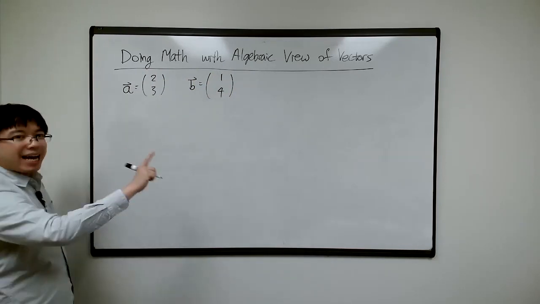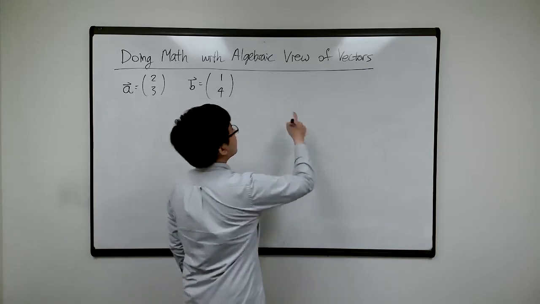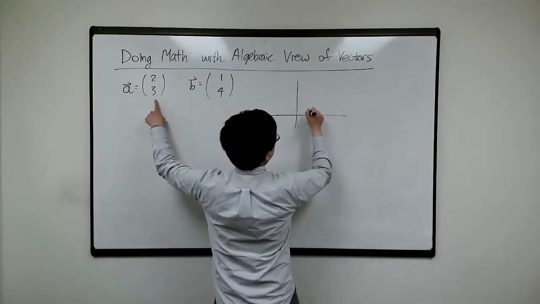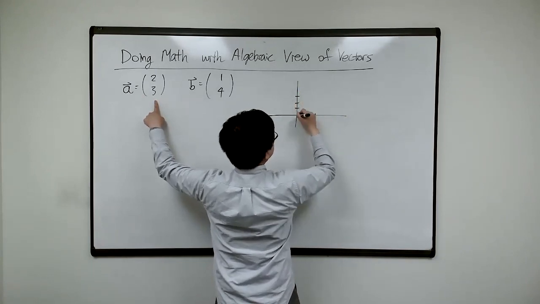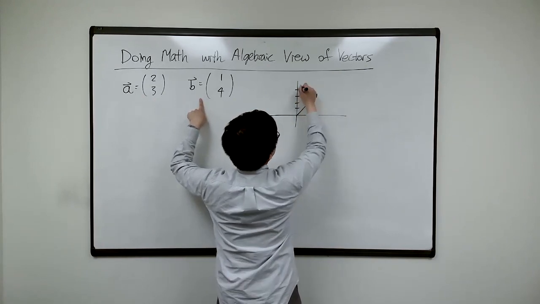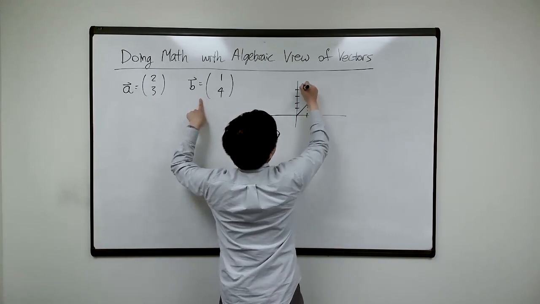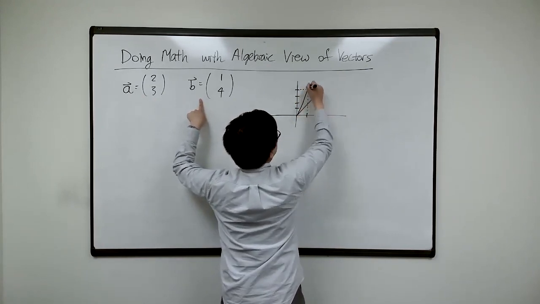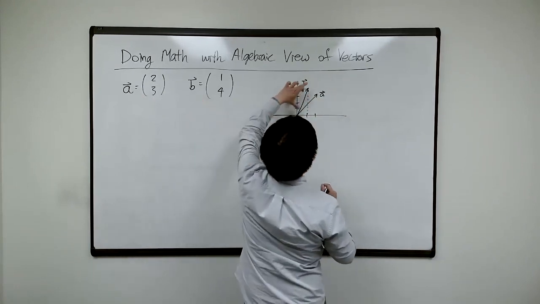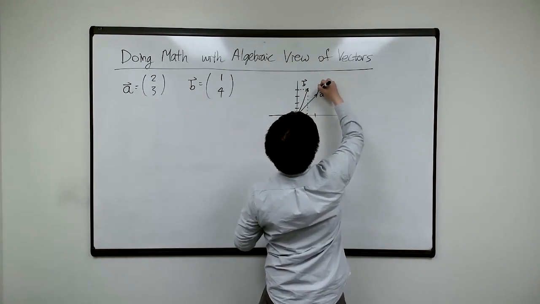In fact, before I add algebraically, let's draw that out. So A looks like 2, 3, so it looks like this. B is 1, 4, so it goes like this. So that's A, that's B. Well, to add them, you need to put B here.